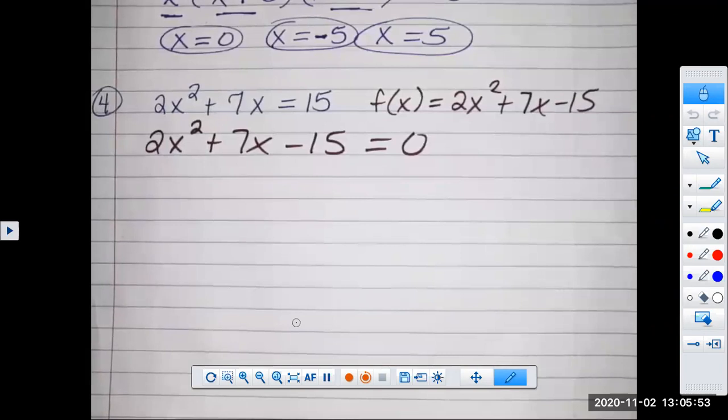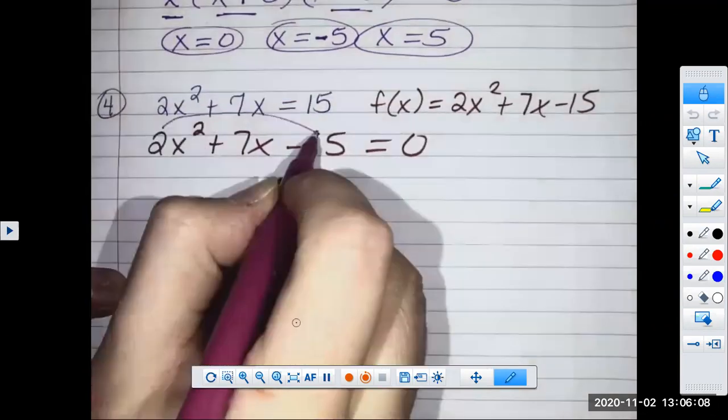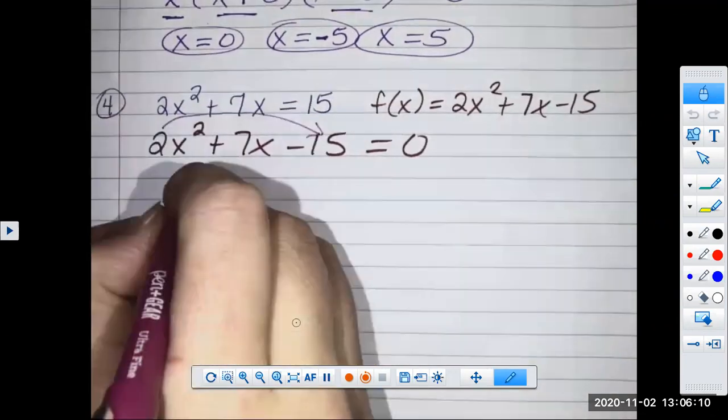Do y'all remember that method we did to factor? Good. Multiply by 2. Take this and multiply it to that number at the end. x squared plus 7x minus 30.